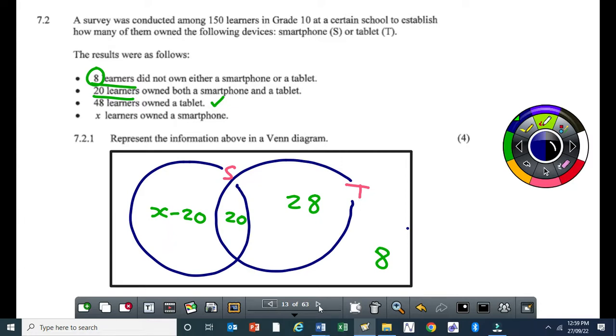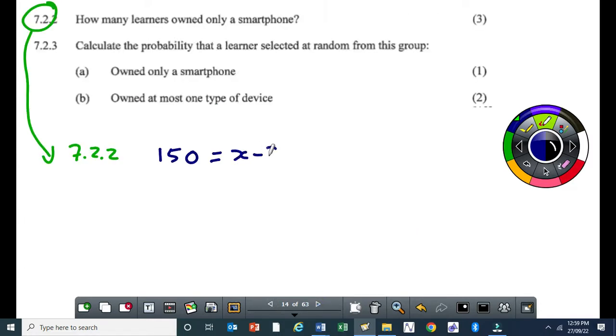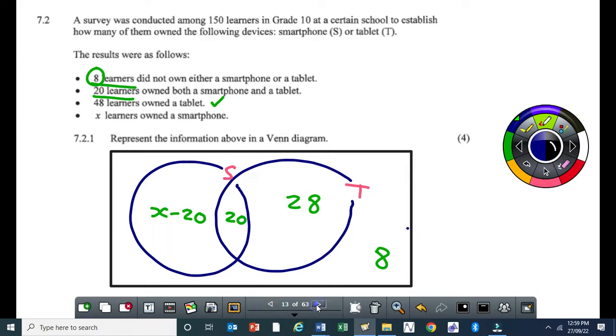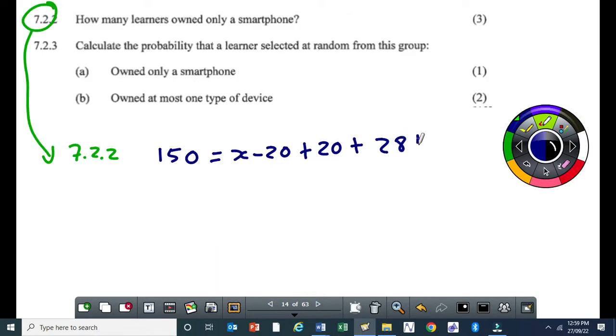devices. So this will be x minus 20 plus 20 plus 28 plus 8. Now, when you're doing calculations on Venn diagrams, you can't get negative answers.